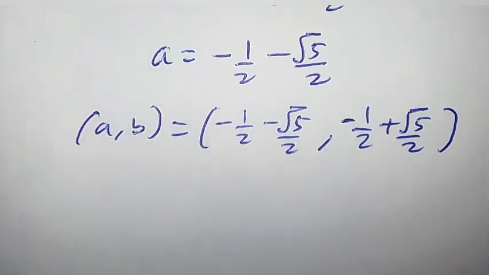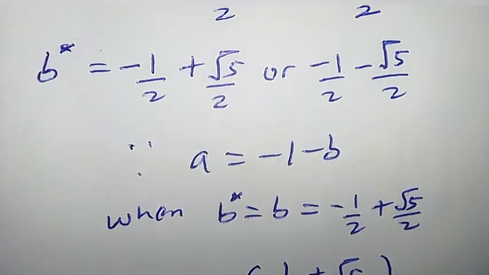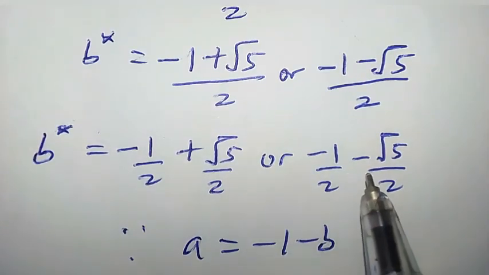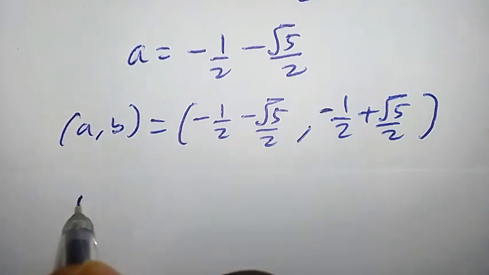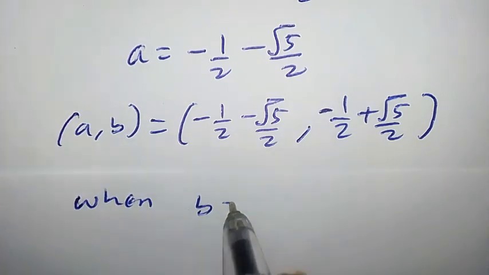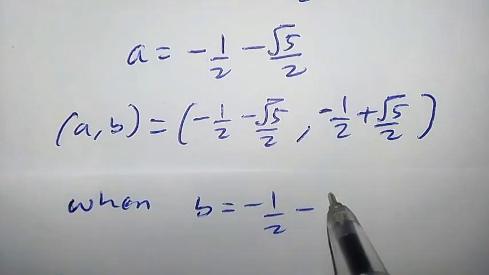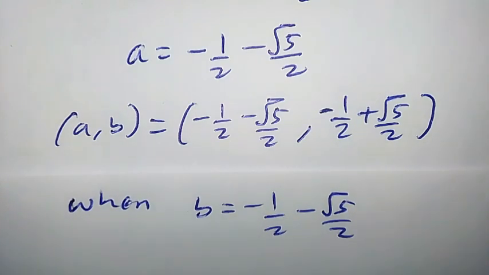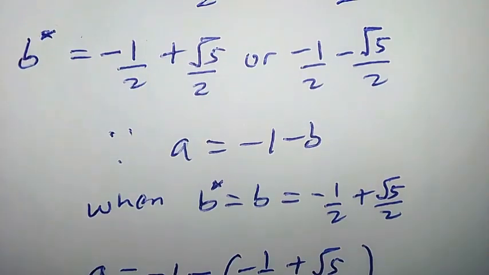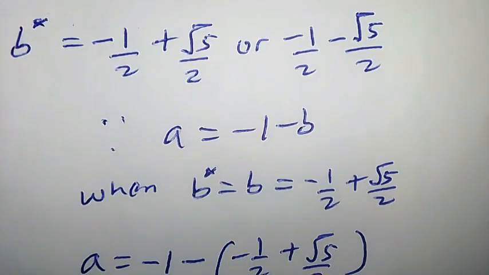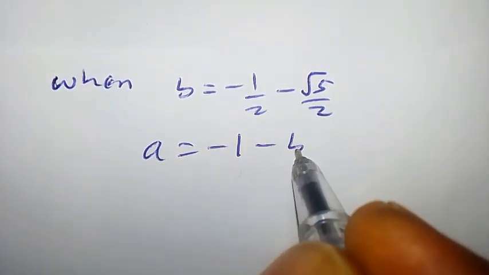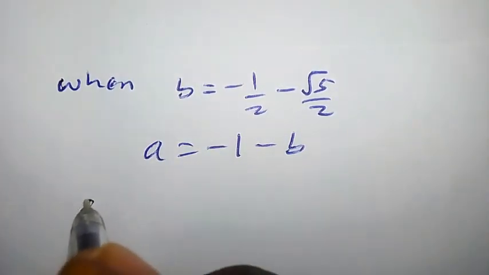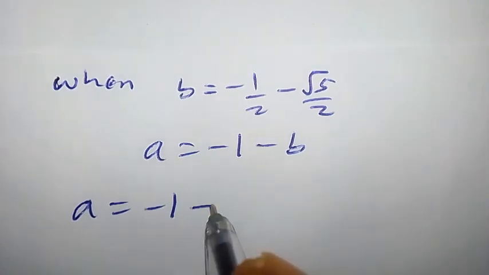Now for the fourth solution, we now consider when B is equals to this guy. Let's continue. When B is equals to minus half minus square root of 5 over 2. We will now substitute these values of B into this guy. A equals to minus 1 minus B. So A equals to minus 1 minus, what is B?